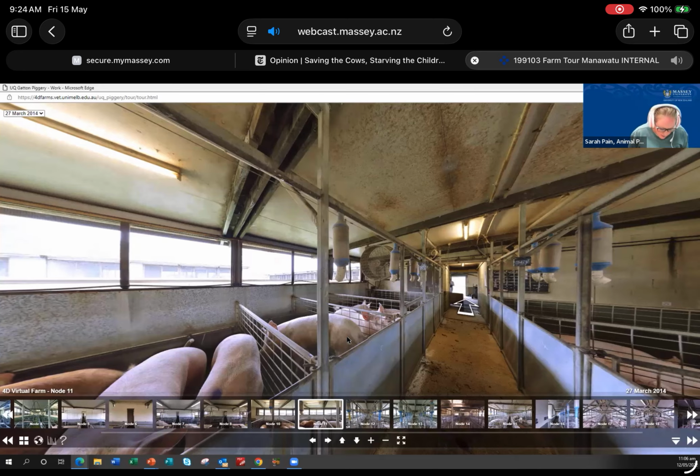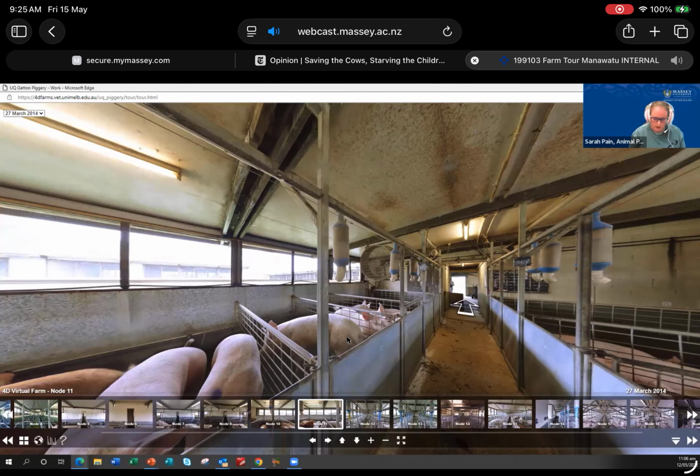And then from grower, they'll be termed a finisher. And the reason those terms are used is that the food that you have to feed them during those periods tends to be different because it's matching particular growth requirements at different stages. The same sorts of terms, not weaner, but the same sorts of terms are used for poultry as well. You can refer to poultry as growers as well.